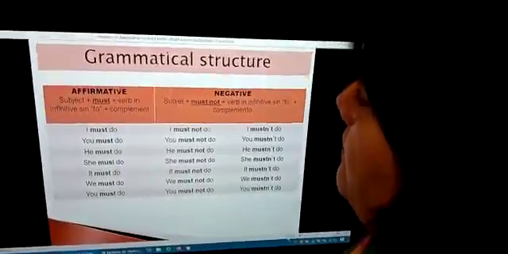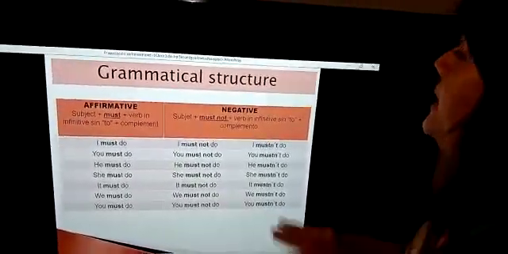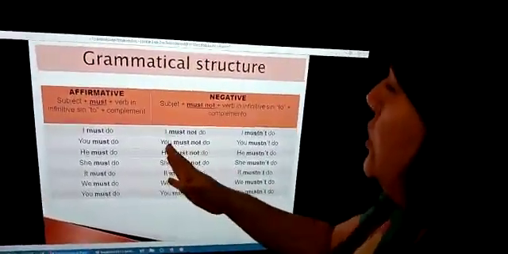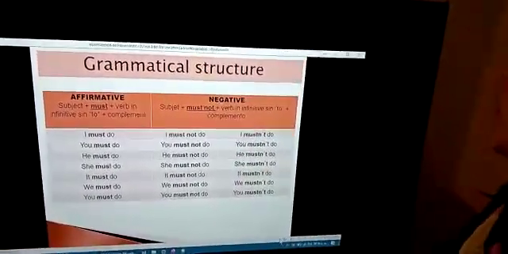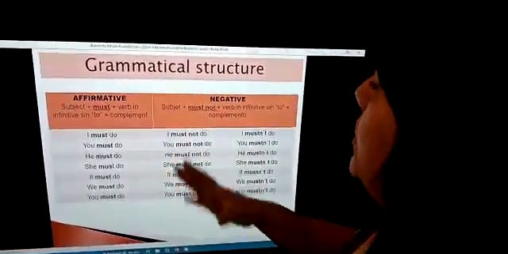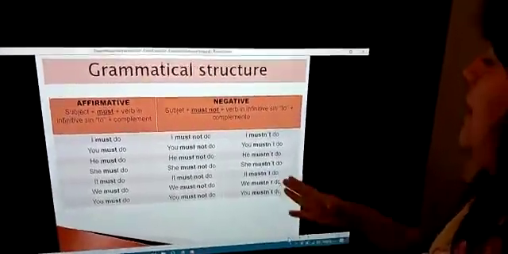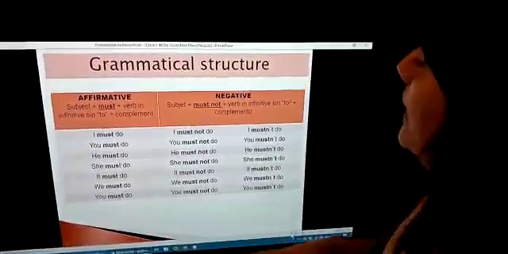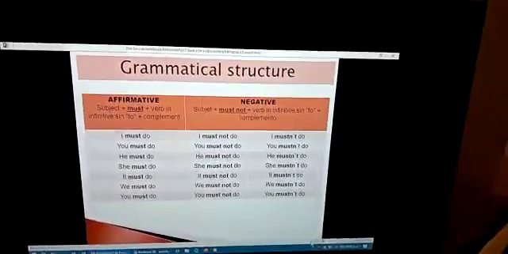Right here is affirmative: I must do. Negative: I mustn't do. You must do, you mustn't do. He must do, he mustn't do. She must do, she mustn't do.